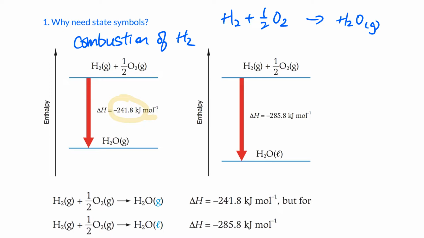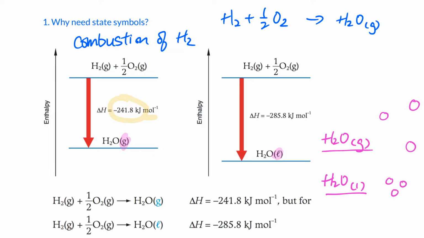However, if you go from gas state to liquid state, H2O gas to H2O liquid, in the process, because the gas particles are further apart and in the liquid they are closer to each other, the particles come close, so energy is released. So going from gas to liquid, this condensation, will release extra energy.